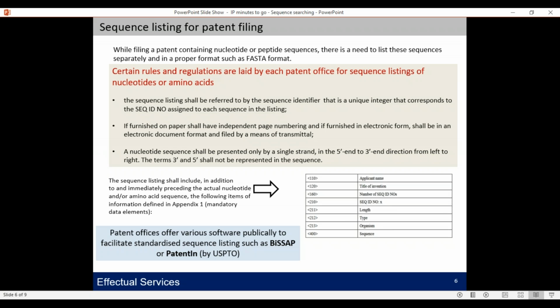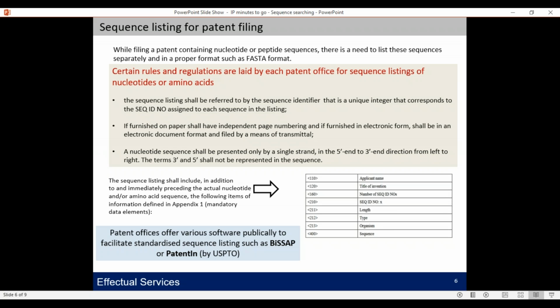The sequence listing shall be referred to by the sequence identifier, that is a unique integer that corresponds to the sequence ID number assigned to each sequence in the listing. If furnished on paper, it must be independently page numbered, and if furnished electronically, it must of course be in proper format and accompanied by an appropriate transmittal.